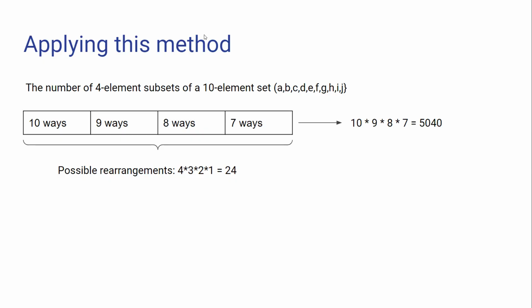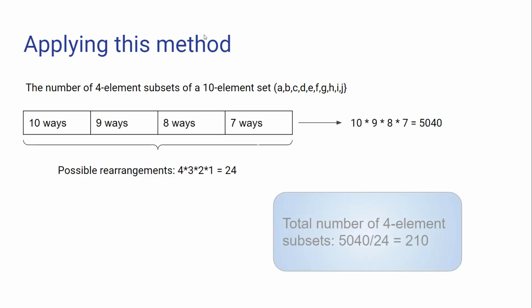So that's 4 times 3 times 2 times 1, which is 24 possible rearrangements. That means my wrong way count of 5,040 was 24 times too large. So the real number of 4-element subsets is 5,040 divided by 24, which is 210 of them.